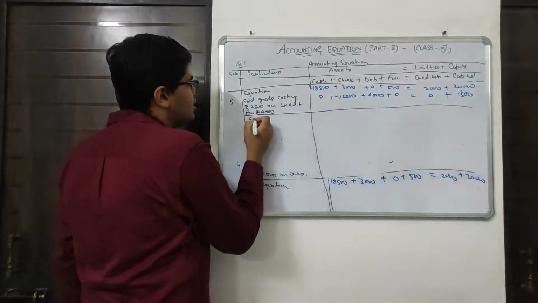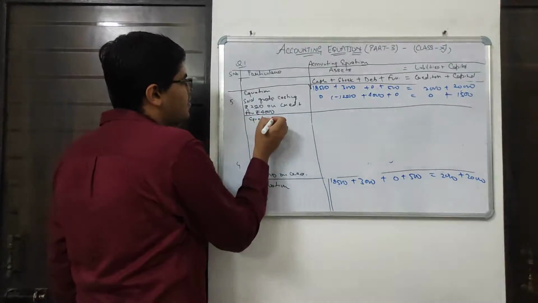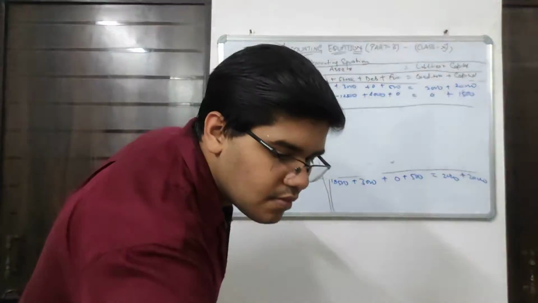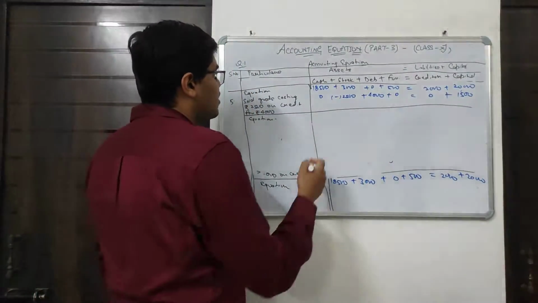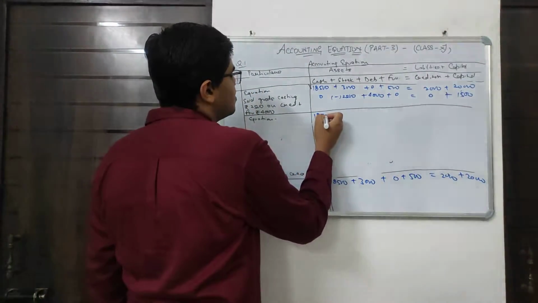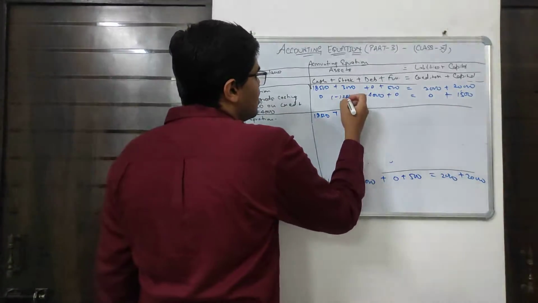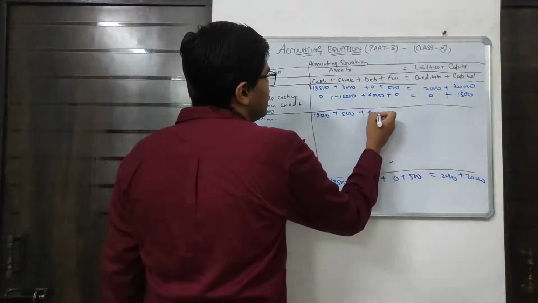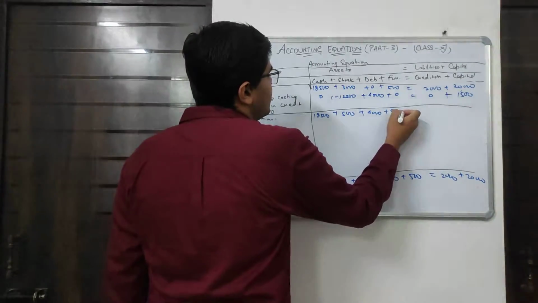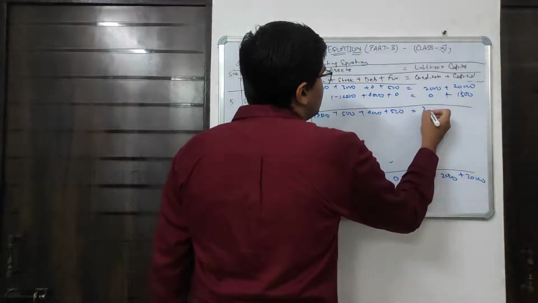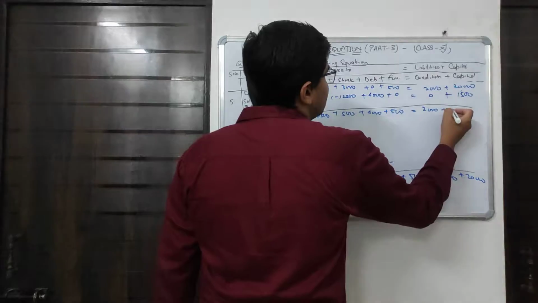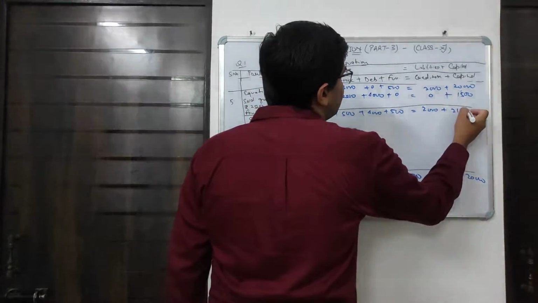So the equation will be 18,500 in cash plus 500 in stock plus 4,000 in debtor plus 500 in furniture, 2,000 in creditor and 21,500 in capital.